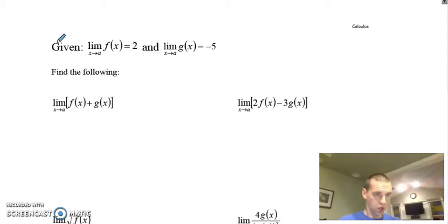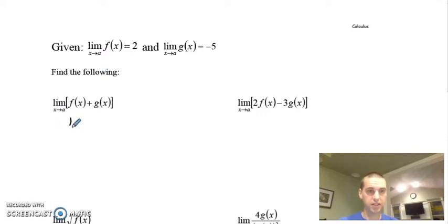I'm going to show you a couple here and then not go in depth with these, but the limit as x approaches a of f of x plus g of x. Knowing that the limit as x approaches a of f of x equals 2, and the limit as x approaches a of g of x equals negative 5, we can't just say 2 plus negative 5 here. What we need to do is write it out so we can use this.